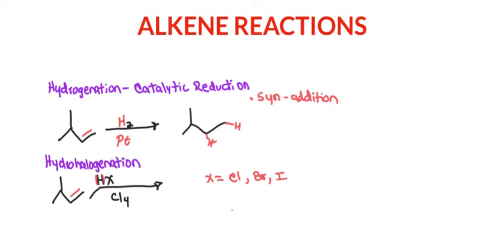So let me add it here with another color so you can separate it. But we're also going to react this hydrogen halide, in this case HBr, with ROOR, which equals peroxide.